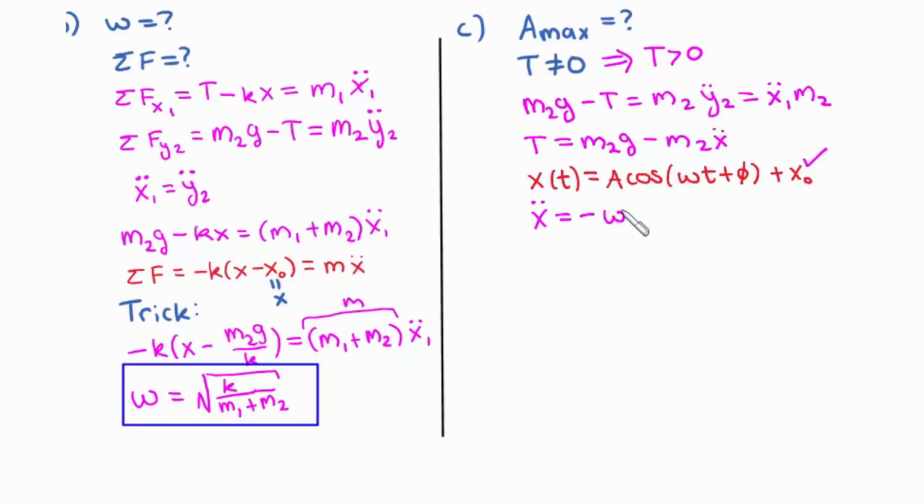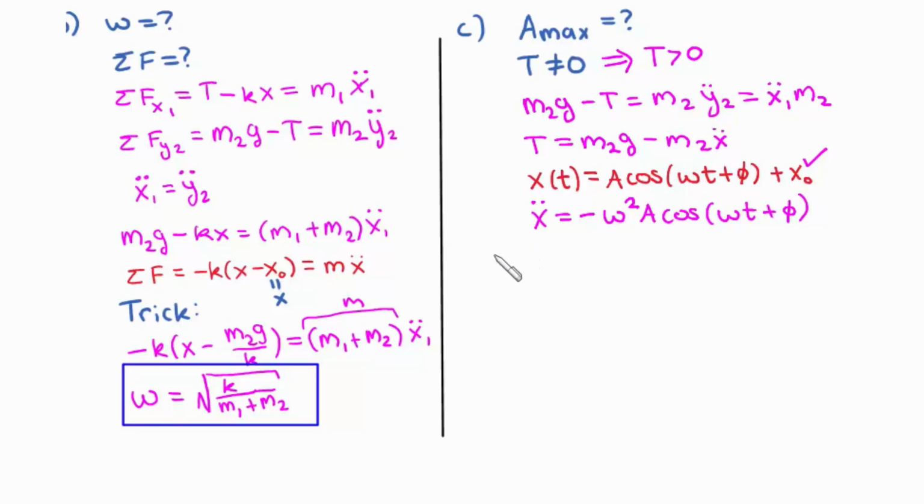It's going to be equal to negative omega squared A multiplied by cosine of omega t plus phi. All I've done here is take the derivative of this equation twice in order to get my x double dot.